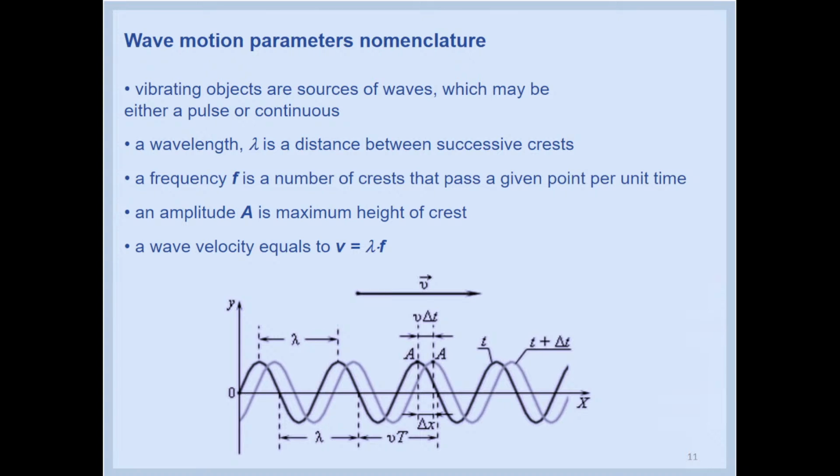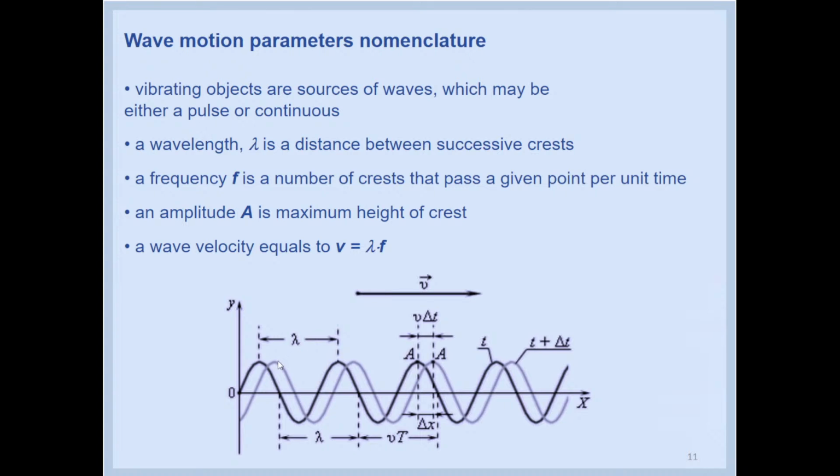And you can see that some of the particles are at the maximum distances from their original equilibrium positions. They are deflected at the largest distances, and this is termed the wave crest. And the distance between the nearest wave crests is considered the wavelength.